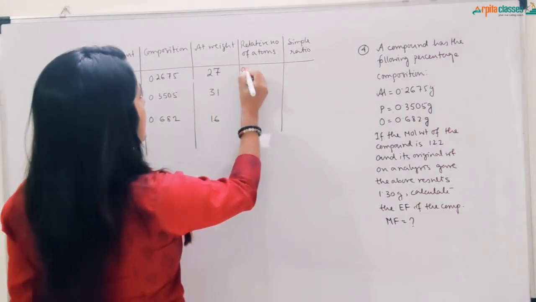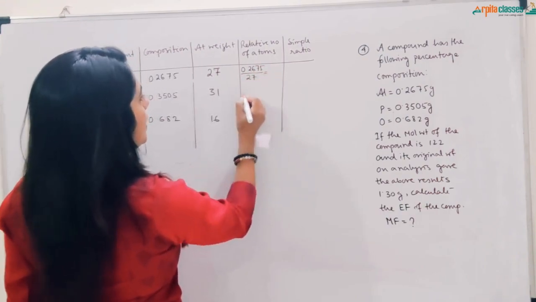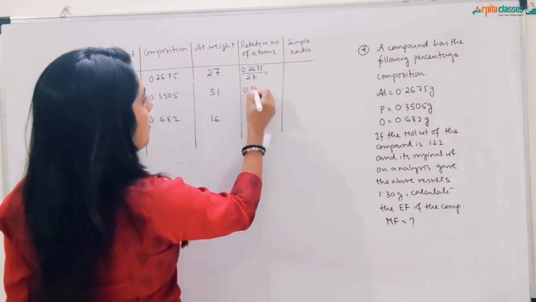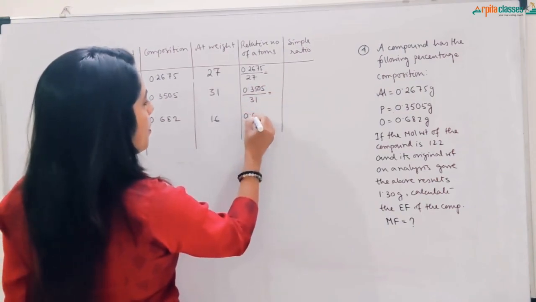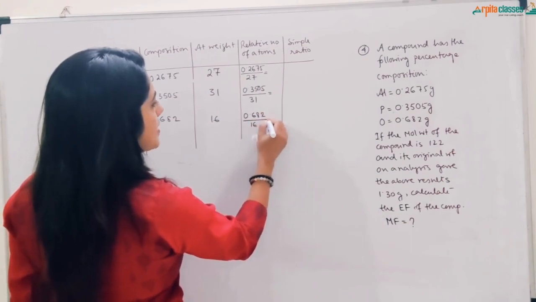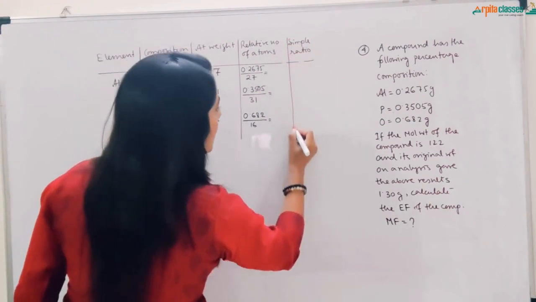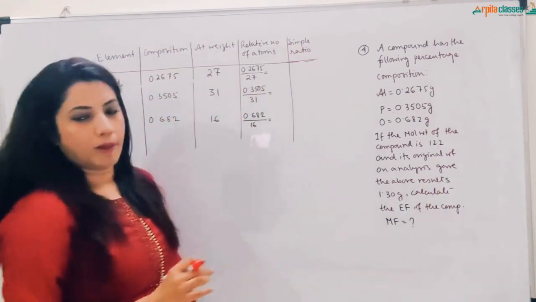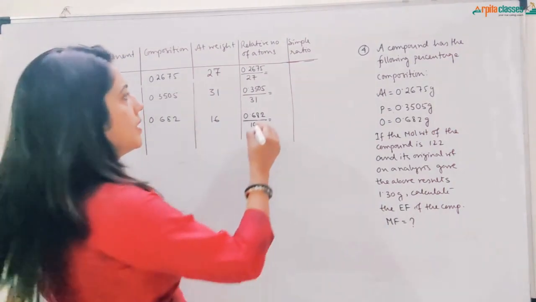So the weight, that is 0.2675 divided by 27, 0.3505 divided by 31, and 0.682 divided by 16. Let us see how much it is coming. We can just put it in a bigger column. Okay, so this is coming 0.0099.